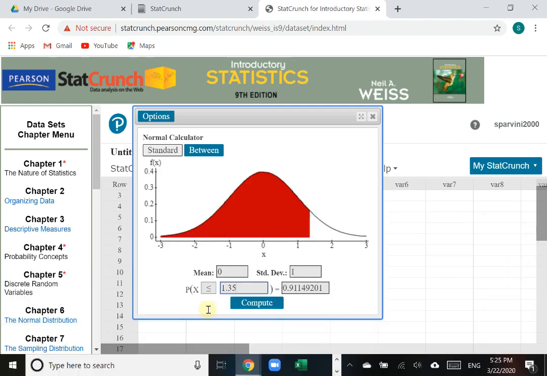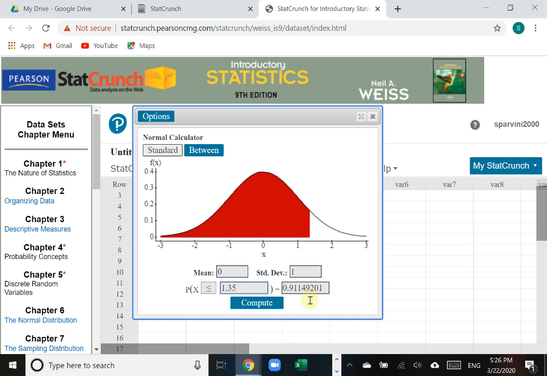Okay, and there you go. So that probability is going to be 0.91149. Now, on the table that we use, the author's table, he rounds his probabilities to 4 decimals. That's the nearest 10,000ths. Obviously, for space restrictions, so it's got to be limited to a finite page.